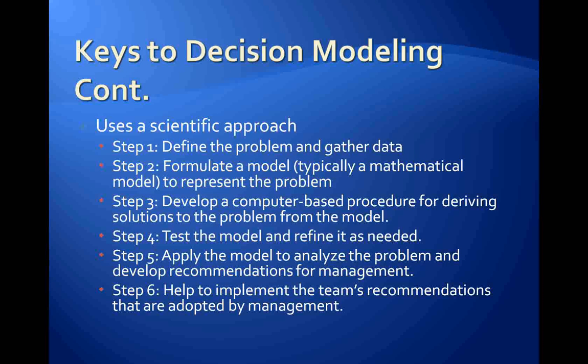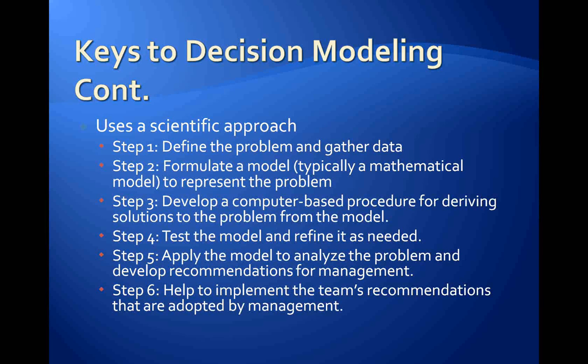You may go through all 6 steps and see that the recommendation is not going to address the problem, so perhaps you missed something in an earlier stage, and it takes you back. So it's an iterative process until you feel you have a decision for the problem or scenario you are confronting.